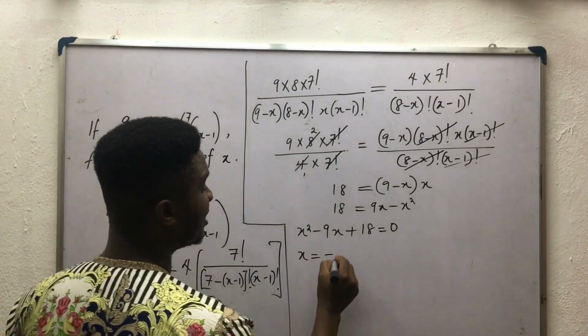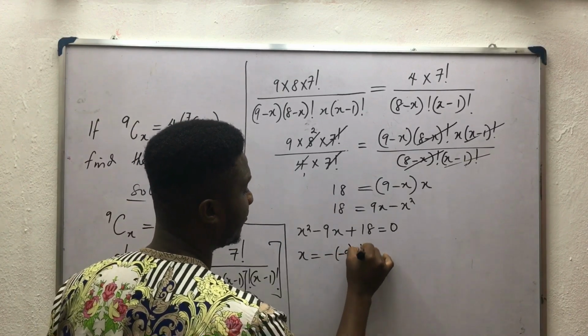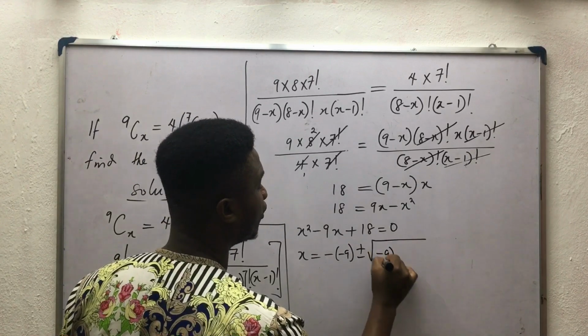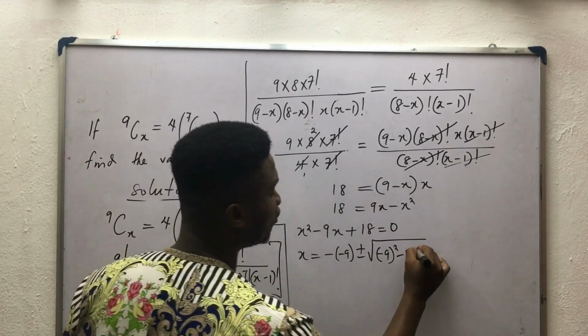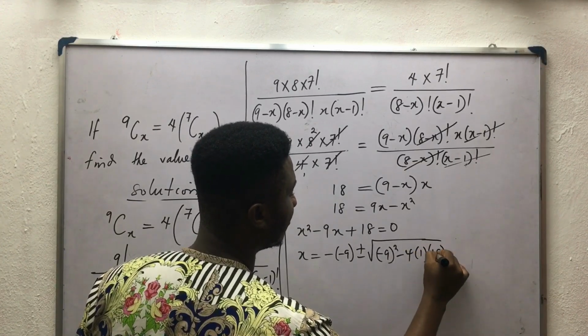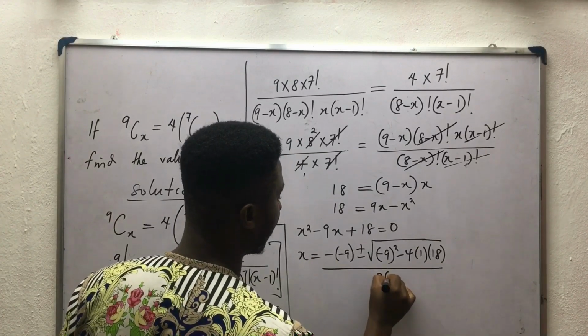That means you'd end up having minus your b, which is minus 9, plus or minus the square root of b squared, which is minus 9 all squared, minus 4 times a, the coefficient of x squared, which is 1, times your c, which is 18, all over 2 times a, which is 2 times 1.